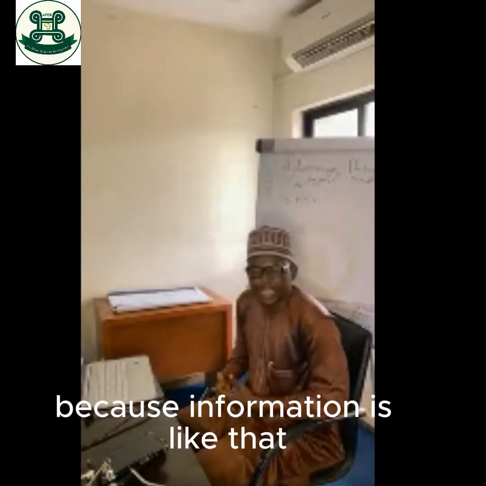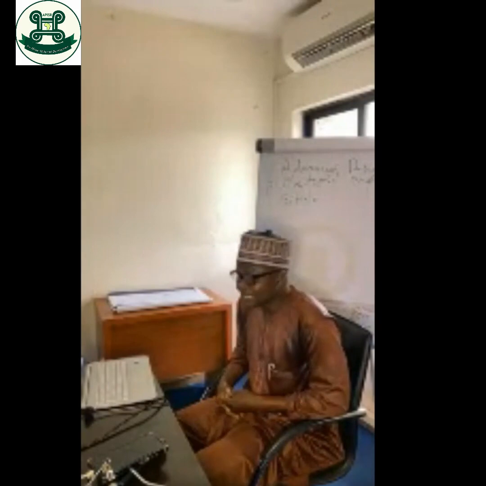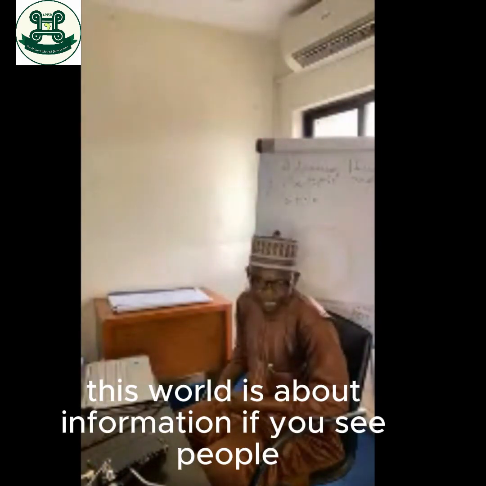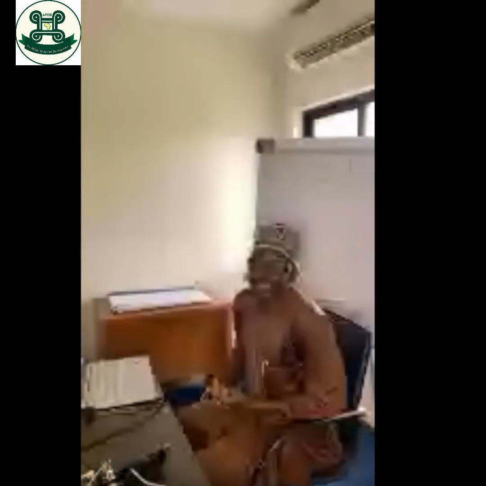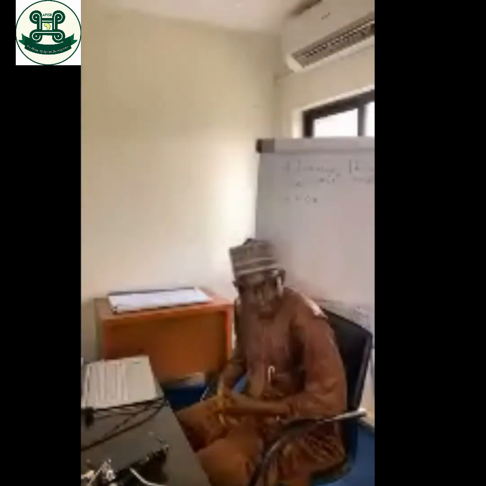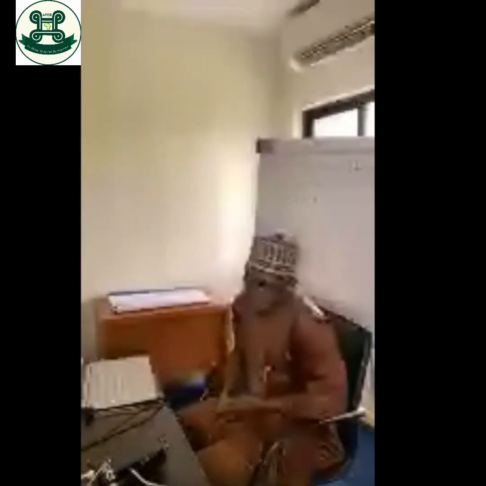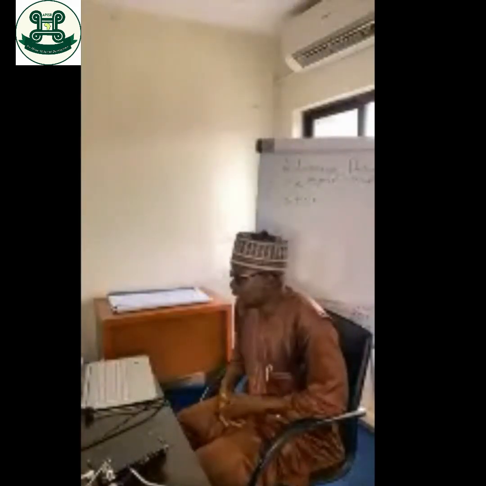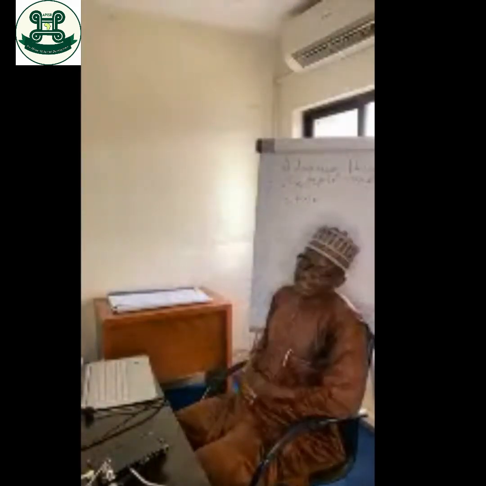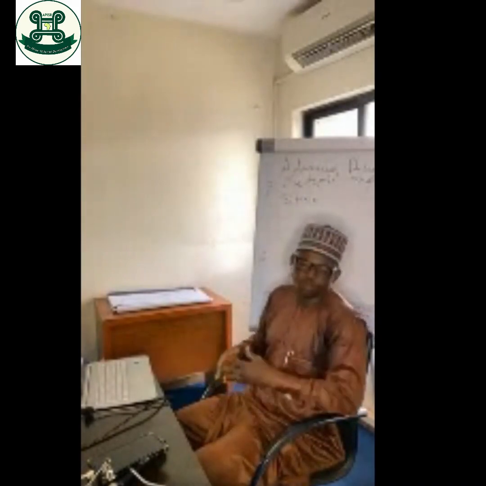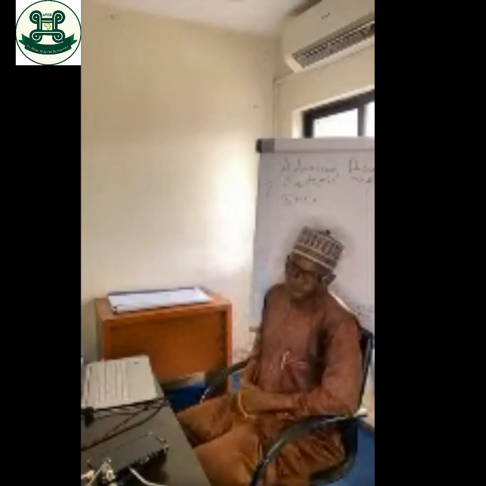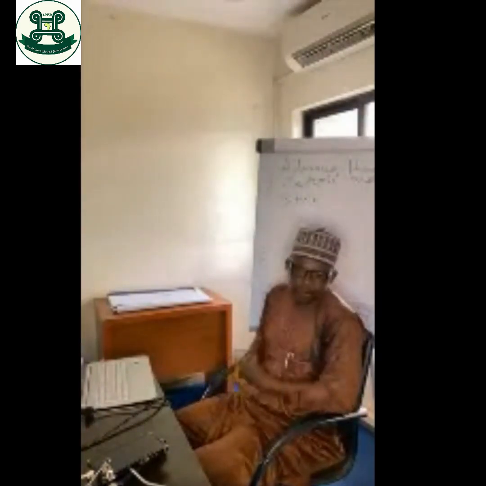Because information is like that. Everything in this world is about information. If you see people lacking, it is information. Everything in this life is information, either good or bad. So that's how it is. For research methodology, it is how to write your project. At the end of this program, you have to write it.